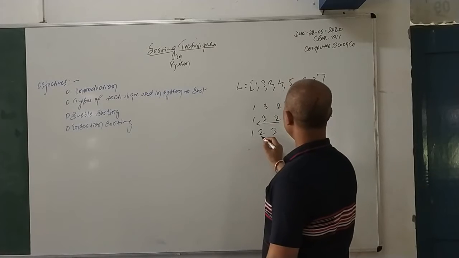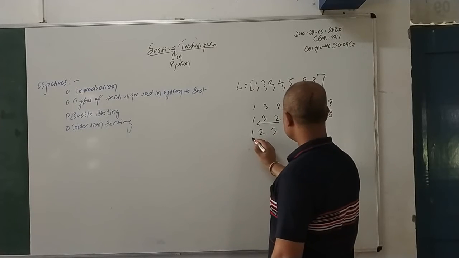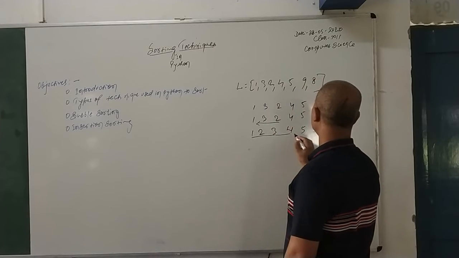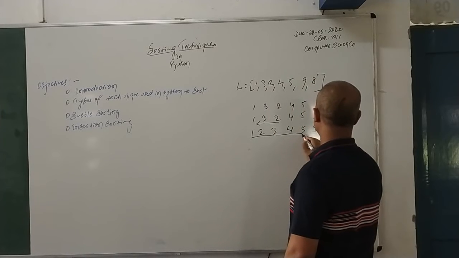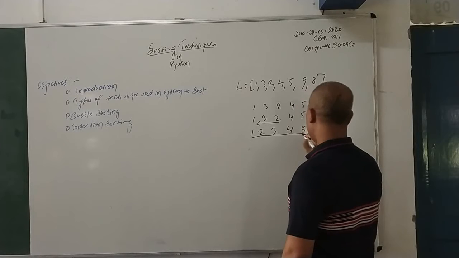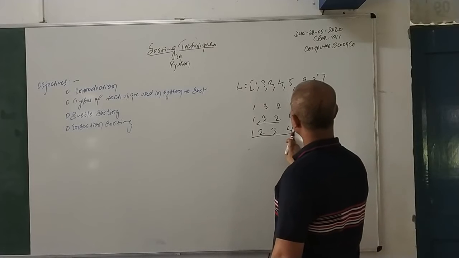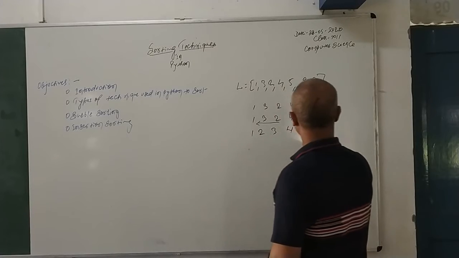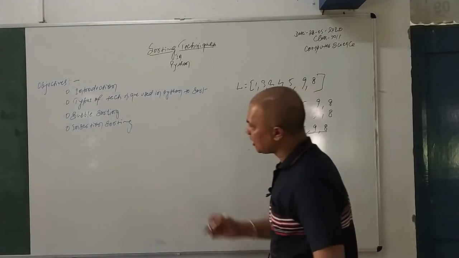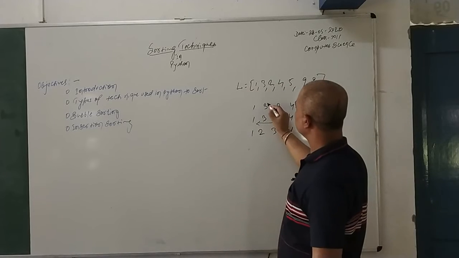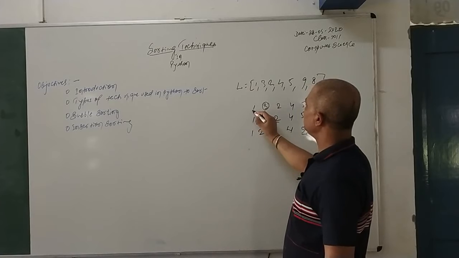Now as you can see, all these elements have already been reshuffled and arranged. 3 and 4 there is no problem, 4 and 5 there is no problem, 5 and 9 of course there is no problem till yet, but once it is 9 and 8, 8 should come here. So this is what basically happens in insertion sort. One element is taken and compared with the previous one.